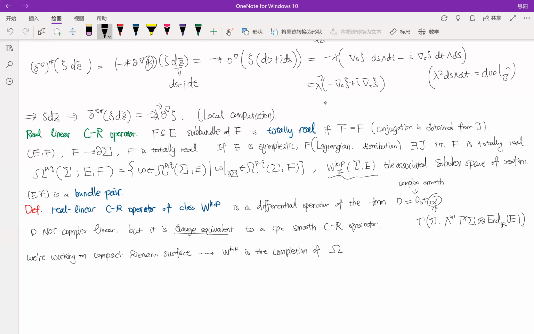Completion of the space. Say if we are working on differential forms, like 0,1 forms with values in E, under the L2 inner product.